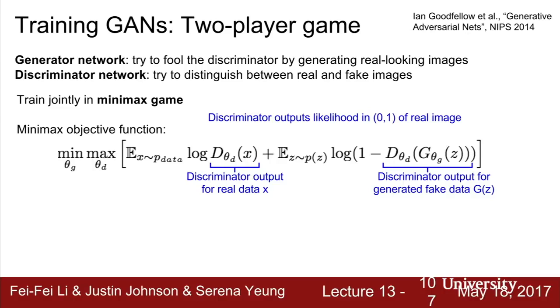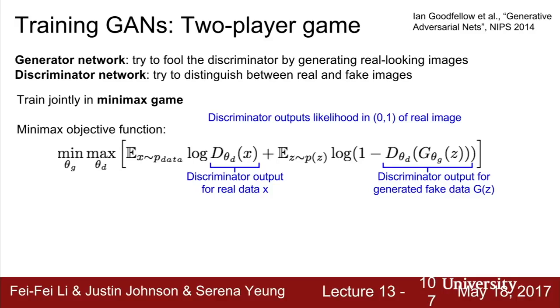If we look at these terms, the first thing is the expectation over data of log of D of x. This log D of x is the discriminator output for real data x. This is the likelihood of real data being real, from the data distribution P data.